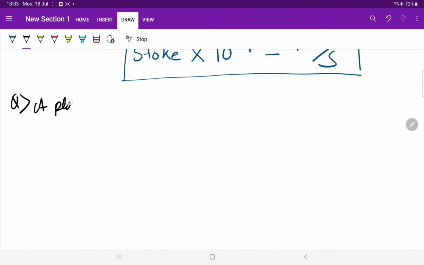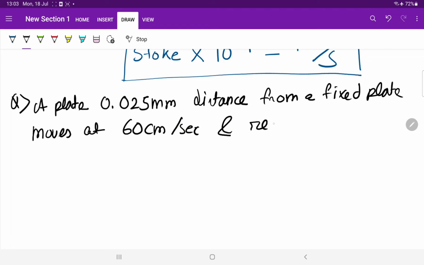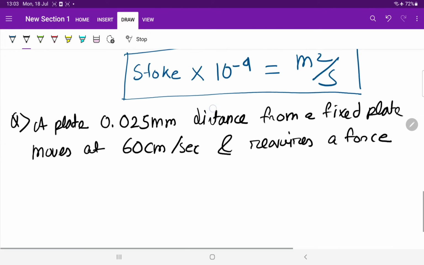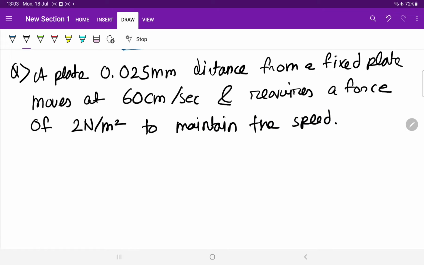A plate 0.025 mm distance from a fixed plate moves at 60 centimeter per second and requires a force of 2 Newton per meter square to maintain the speed, right?